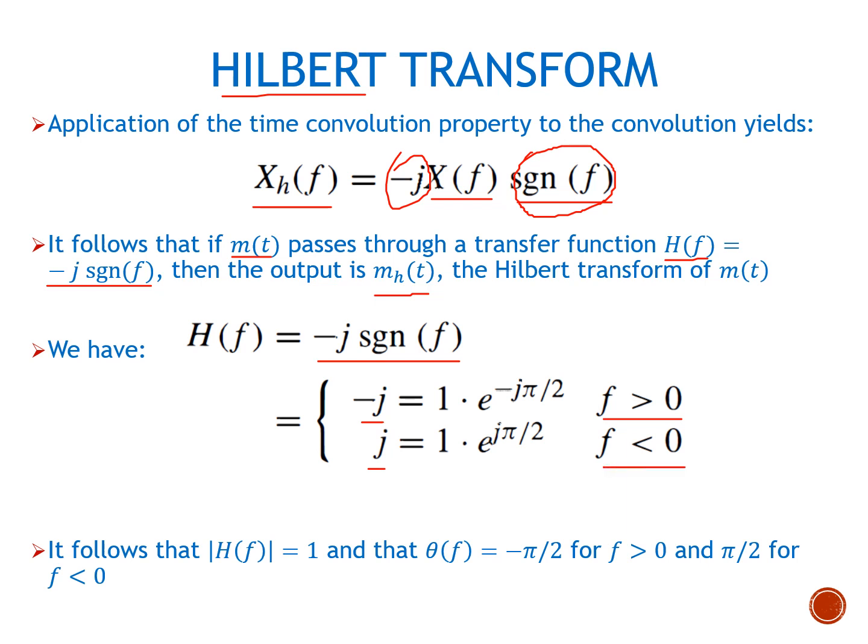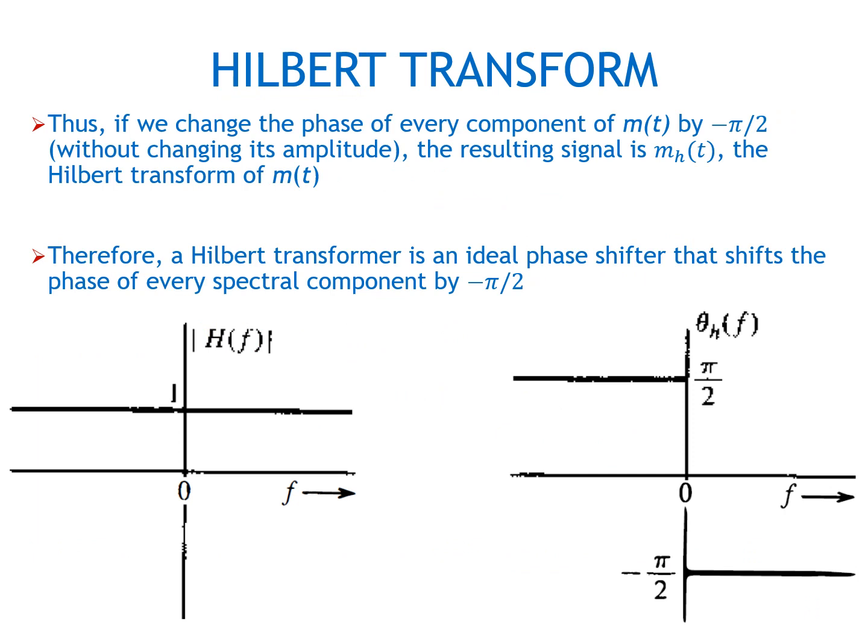From this expression it follows that the magnitude of H(f) is equal to 1, so it does not introduce any change in the amplitude of the signal m(t), but it changes the phase of the signal by minus pi by 2 for the positive frequencies and by pi by 2 for the negative frequencies. So if we change the phase of every component of m(t) by minus pi by 2 without changing its amplitude, of course, the resulting signal would be m_h(t).